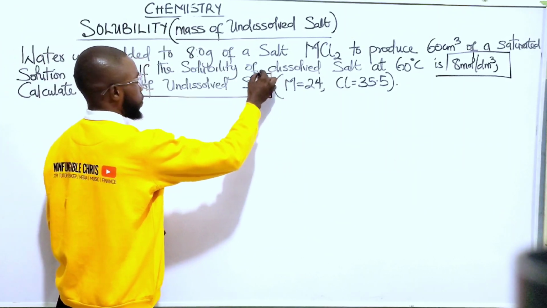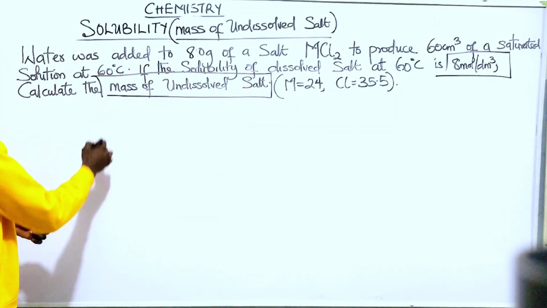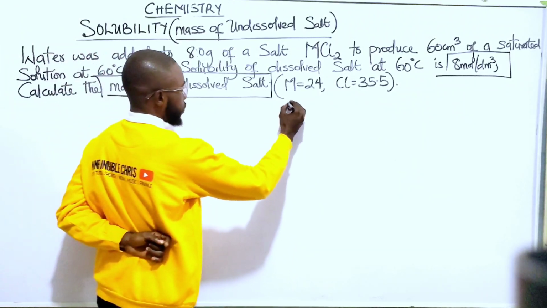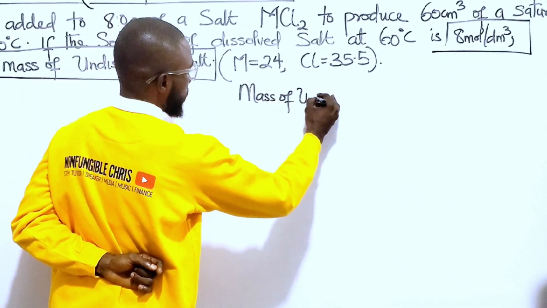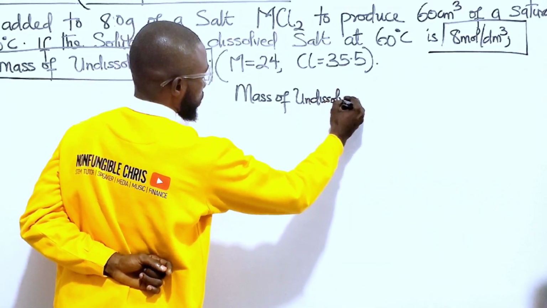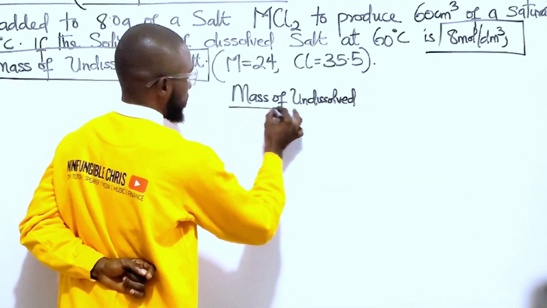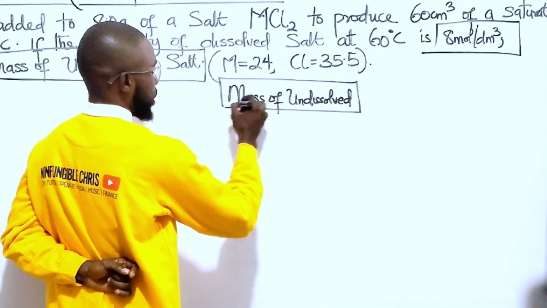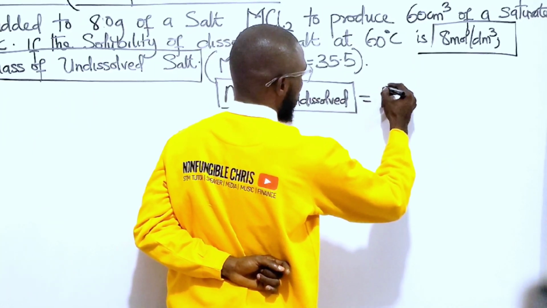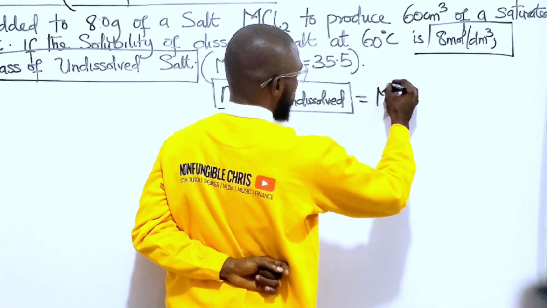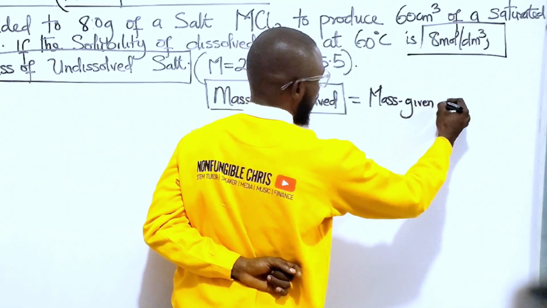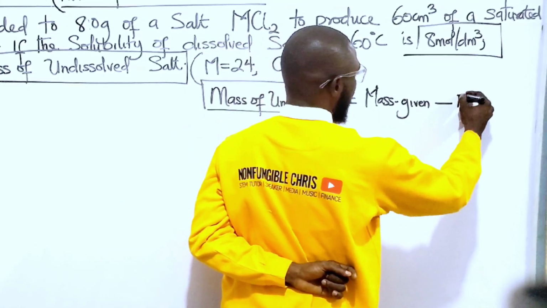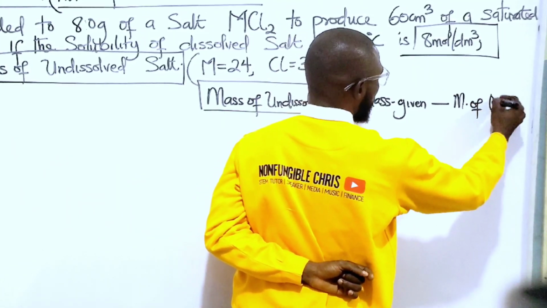So this is what we're looking for, mass of undissolved salt, and the mass of undissolved is equal to mass given minus mass of dissolved salt.